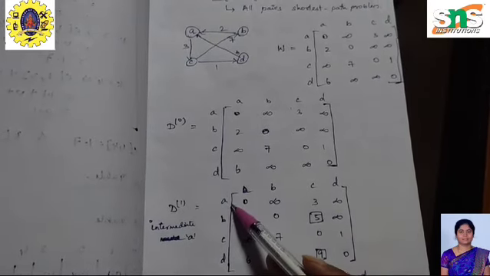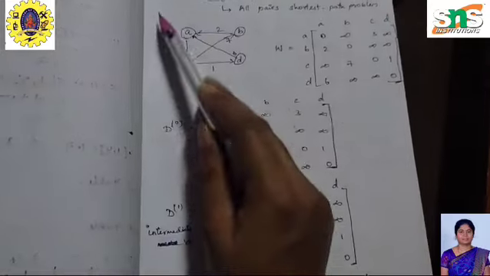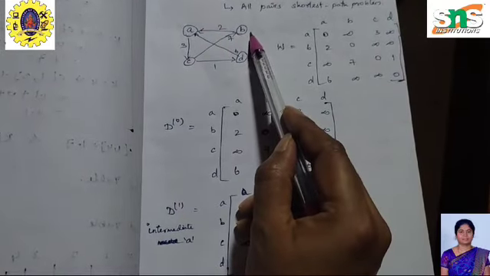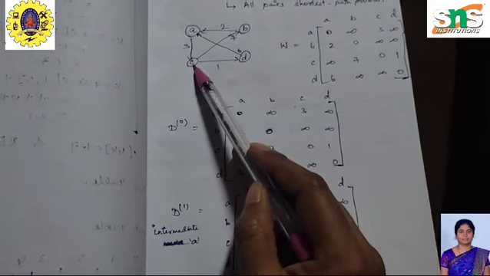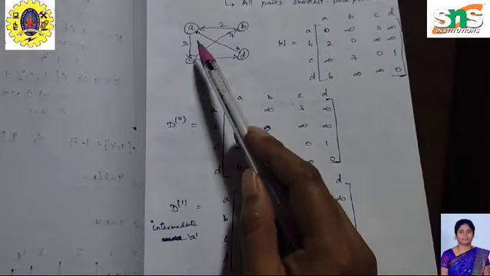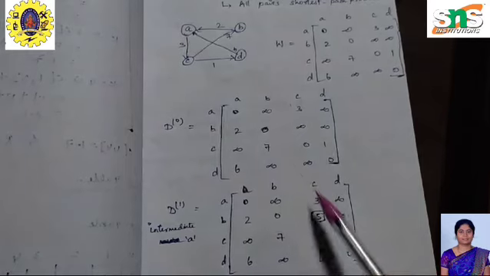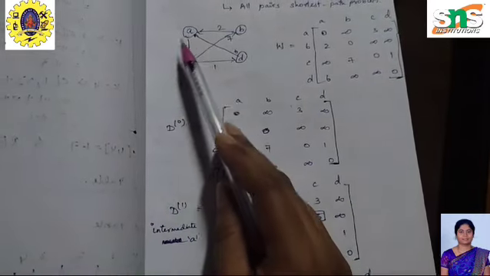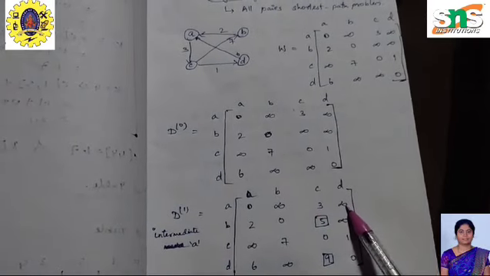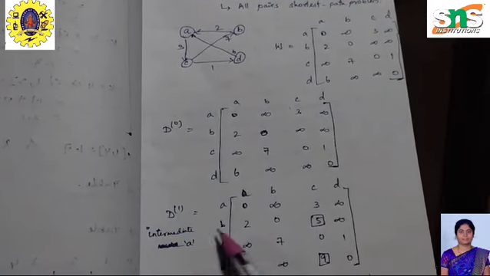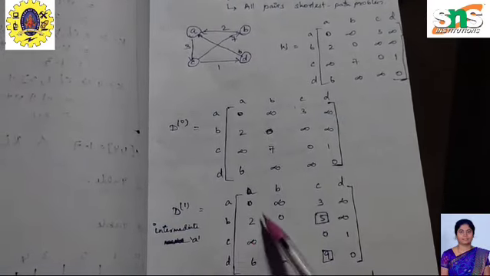From A to B I don't have a path, so it is infinity. From A to C I have 3, it is already available, and this is the shortest as of now, so I mention 3. From A to D I don't have any direct path, so it is infinity.